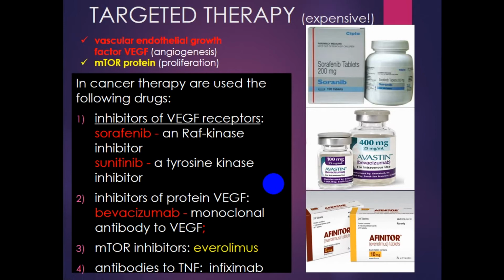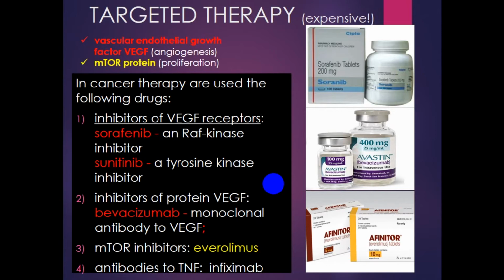This protein is about angiogenesis, so the more vessels a tumor has, the more risk of growth is present. mTOR protein is about proliferation of tumor cells. So this targeted therapy is for decreasing the movement and growth of the cells and their blood supply.